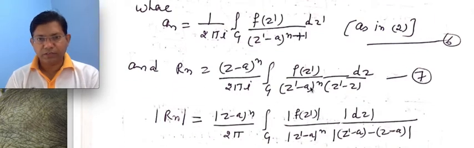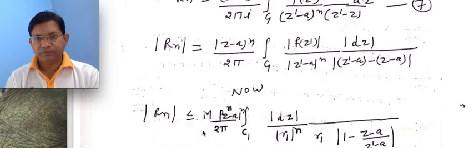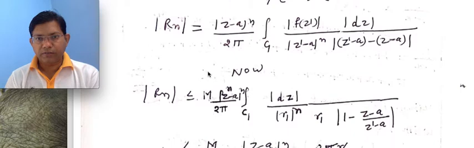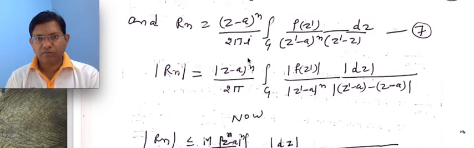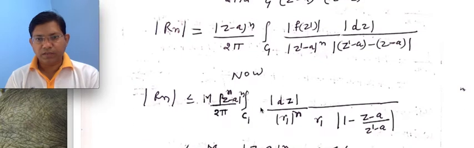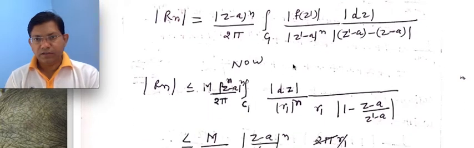Rn we denote by this integral. We have calculated this earlier in Taylor's theorem: we take its modulus, and after taking the modulus this will be less than or equal to this. f z dash should be less than some constant M, so we wrote M. This is the modulus of z minus a, as it is, and the modulus of 1 upon 2 pi i is 1 upon 2 pi, integral over C1, and this is mod dz dash.